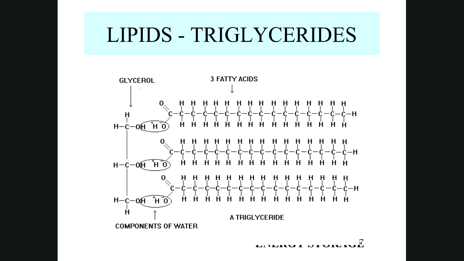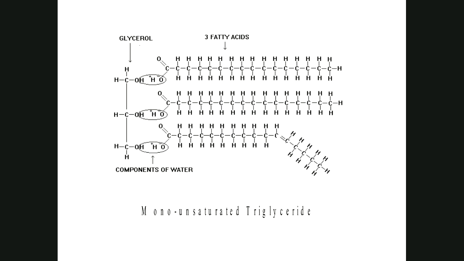If you look at the next slide, you'll see a difference. This is an unsaturated one. And you'll notice that between two of the carbons in one of the fatty acid chains, there's a double bond, two bonds between the carbons. And what that does is cause the molecule to have a different shape.